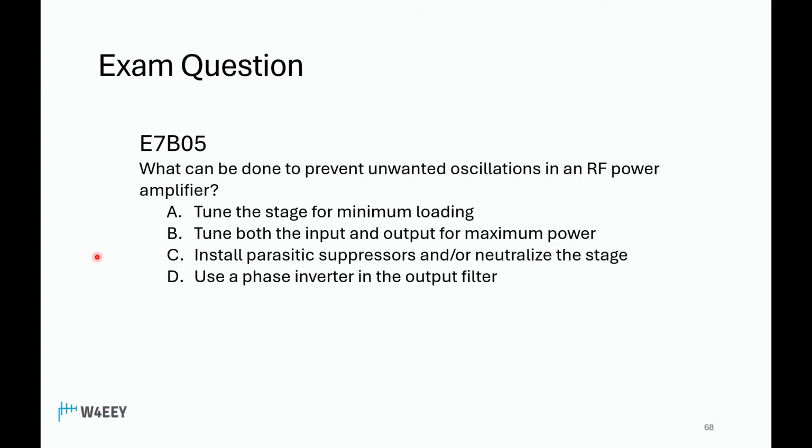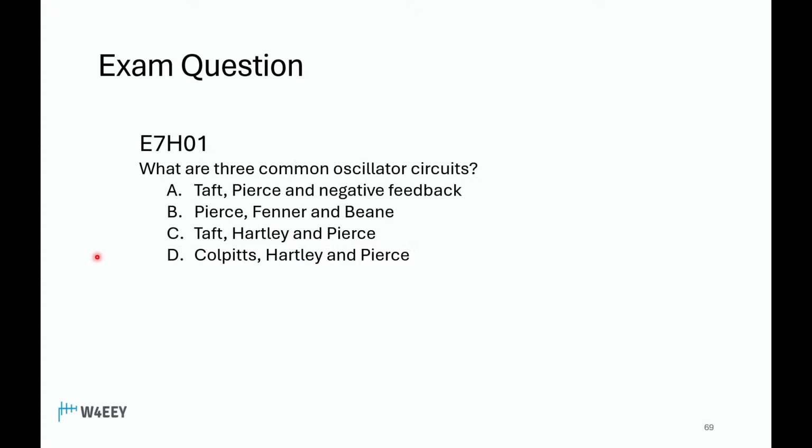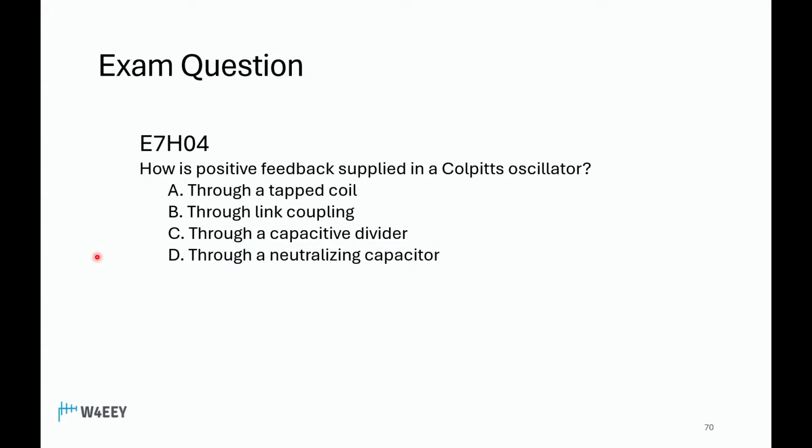What can be done to prevent unwanted oscillations in an RF power amplifier? Charlie, install parasitic suppressors and/or neutralize the stage. What are three common oscillator circuits? This is where they wanted you to know the three names. Delta, Colpitts, Hartley, and Pierce.